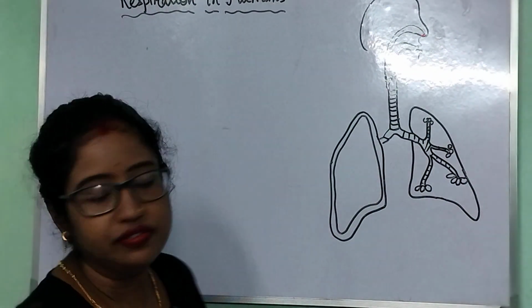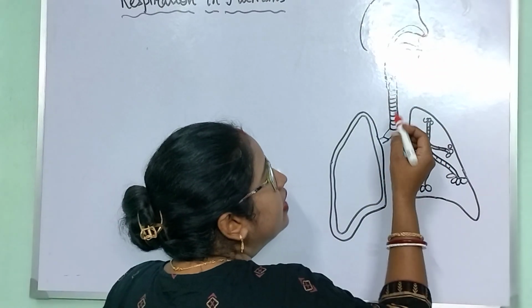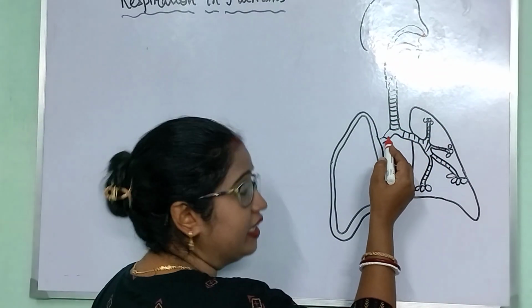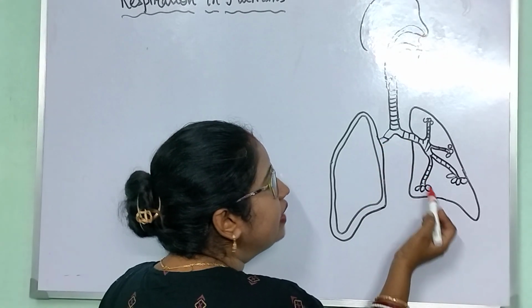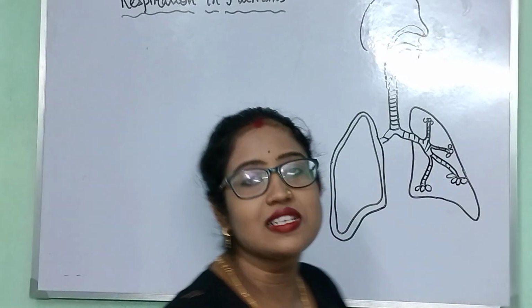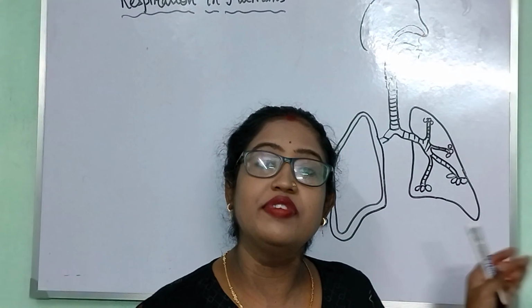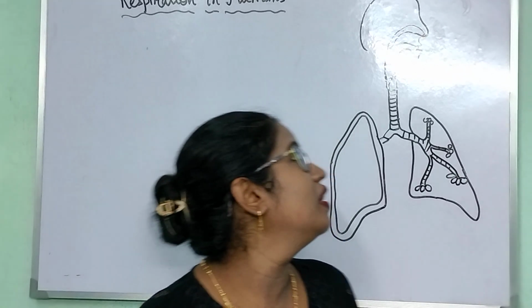Next we have the pharynx, then the larynx, then the trachea, bronchioles, alveoli and the lungs. Let us discuss each and every part of this respiratory tract one by one.